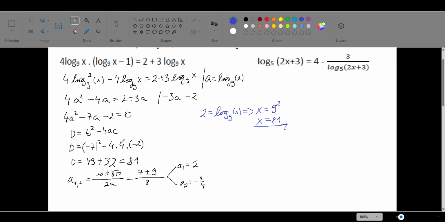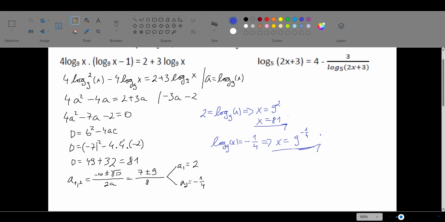In this case I'm gonna swap the sides of our equation, because then it would mean that log base 9 of x is equal to negative 1 over 4, which means that our x is then equal to 9 to the power of negative 1 over 4. This result is, let's say, a little bit tricky, but for those of you who are okay with this result, you can leave this as really the result of the equation.